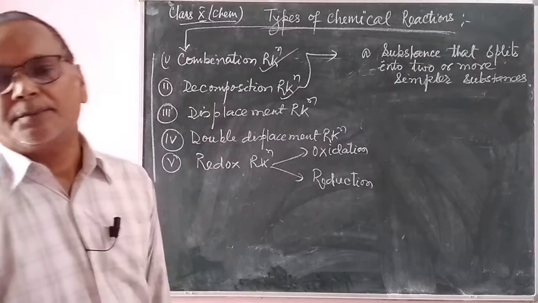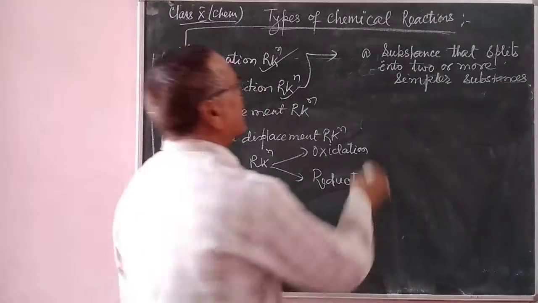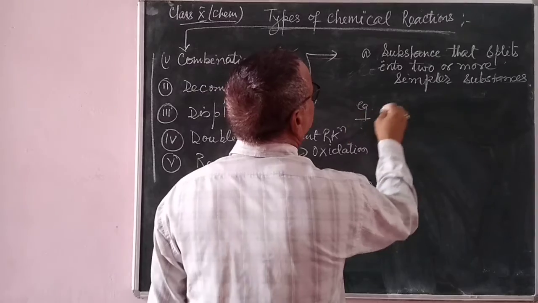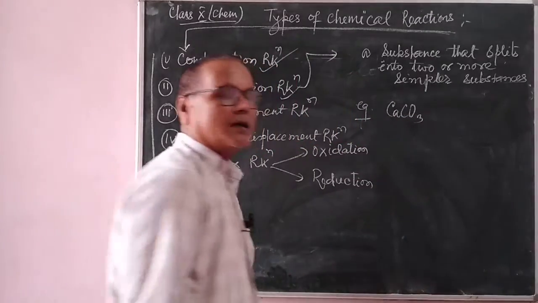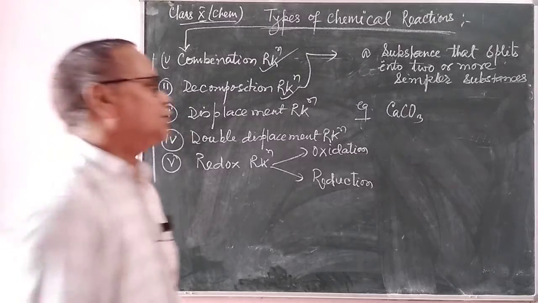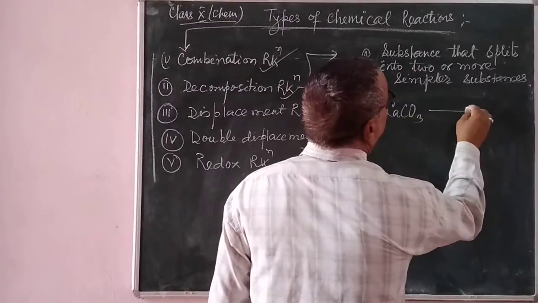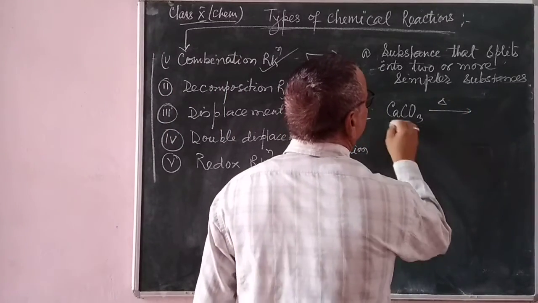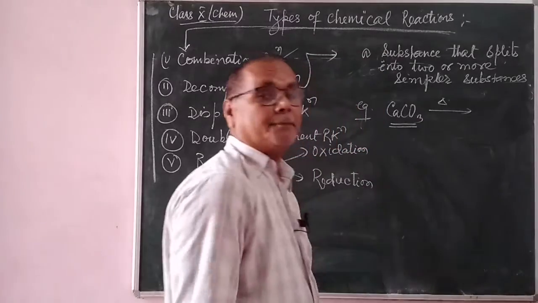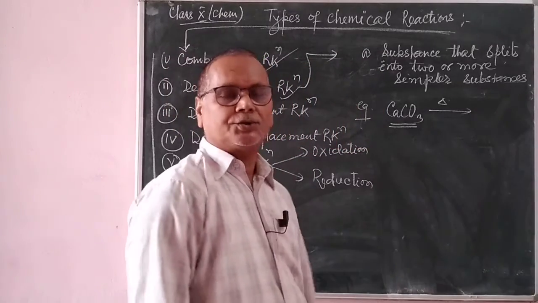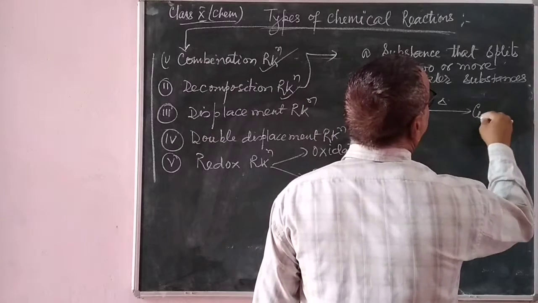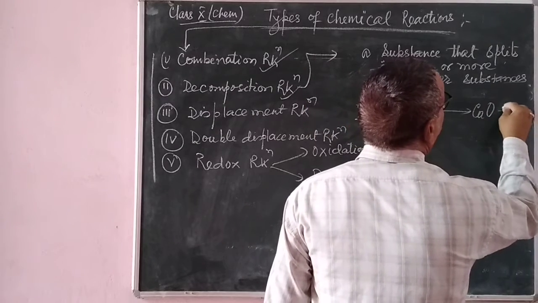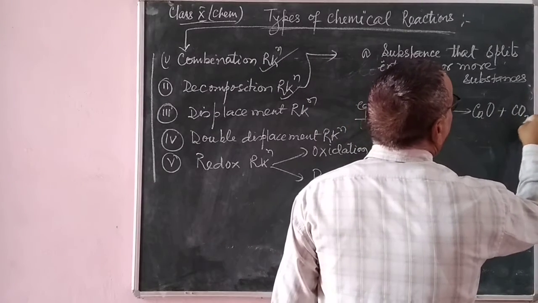As an example, suppose this is calcium carbonate, limestone, and if heat is supplied to it, what will happen? It will split, it will crack, and it will give two products, calcium oxide and carbon dioxide.